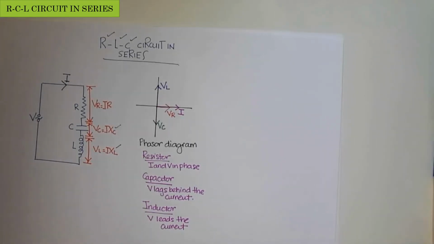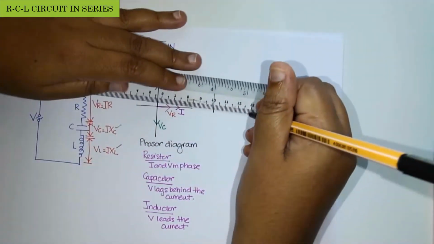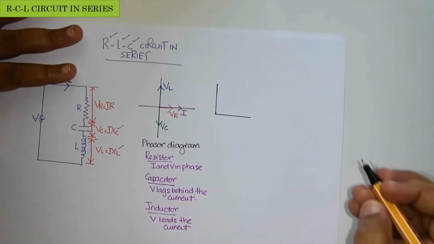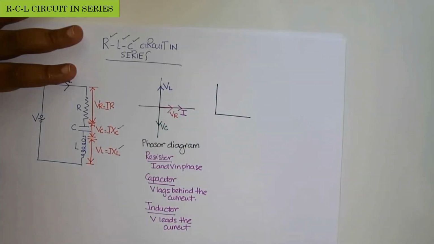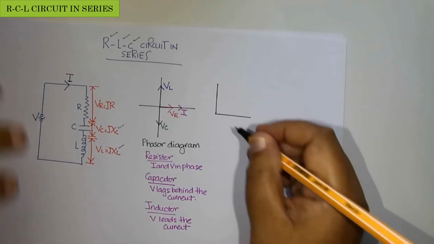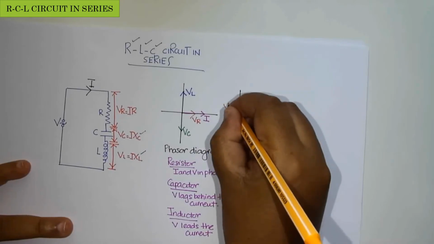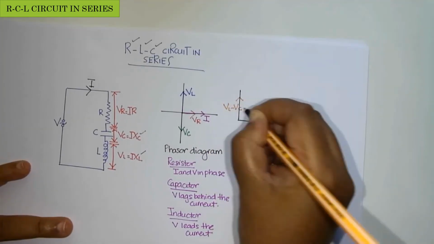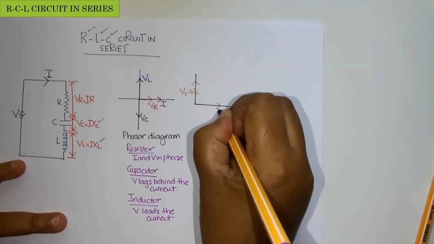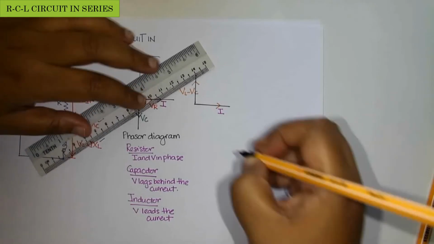We draw another phasor diagram. So VL minus VC. I'm going to draw here with another color pen. VL minus VC, and then this one is I. So the impedance will be here.